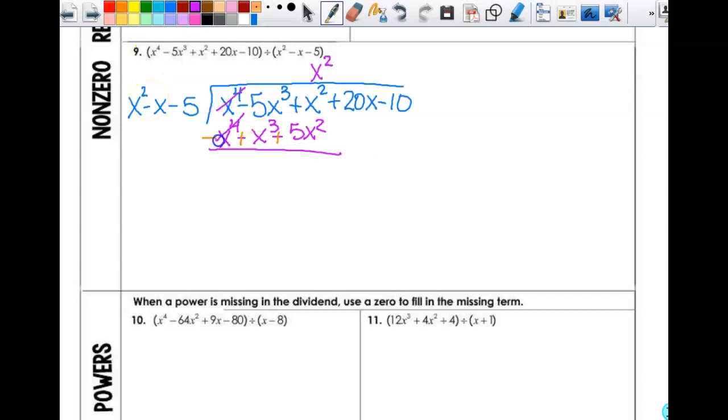These zero out, and I get negative 4x cubed plus 6x squared plus 20x. X squared goes into negative 4x cubed a negative 4x times. So we get negative 4x cubed plus 4x squared plus 20x.